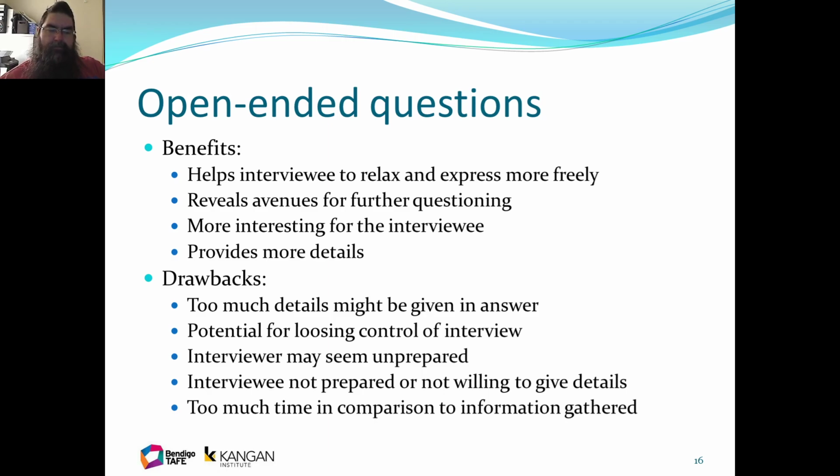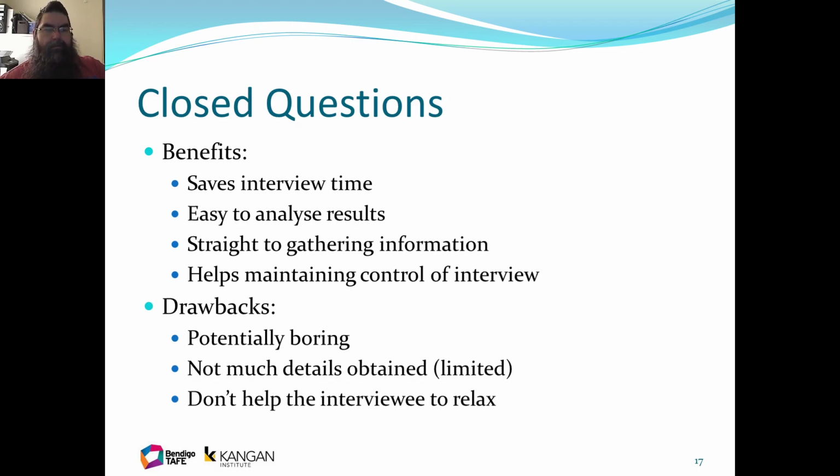When you're doing interview questions, you need to have your questions prepared. Otherwise you could be perceived as not being prepared and wasting people's time. Closed questions save time, are easier to analyse, and are very straightforward, allowing you to run the interview quickly and easily.